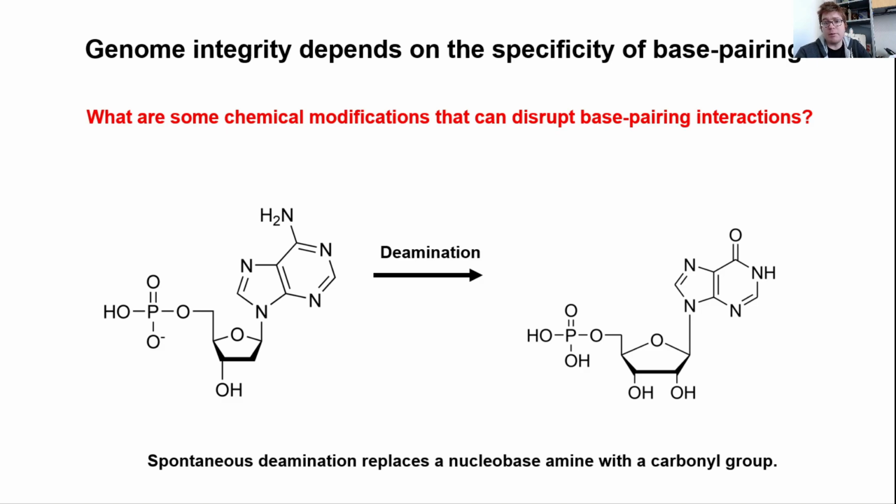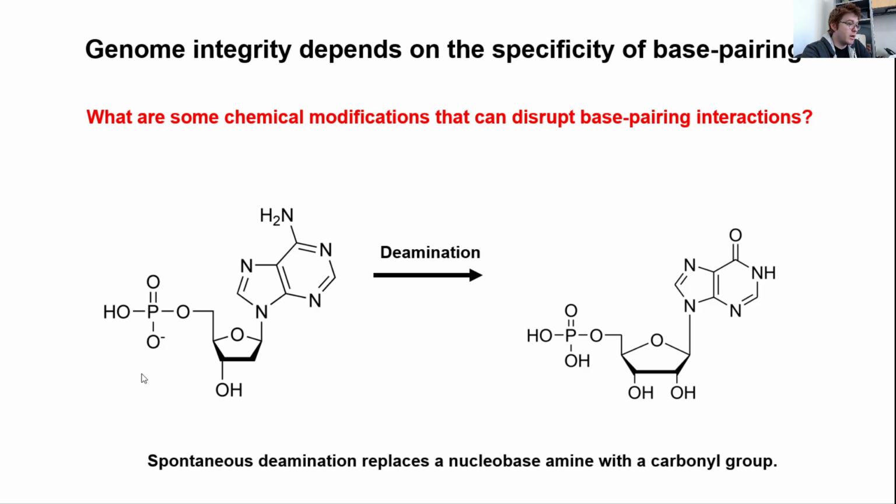So what are some other chemical modifications that can occur that can disrupt these base pairing interactions? So something that occurs spontaneously from time to time to these nucleobases is a process called deamination. And as its name would suggest, deamination is going to replace an amine, hence D-amine, deamination, with a carbonyl group.